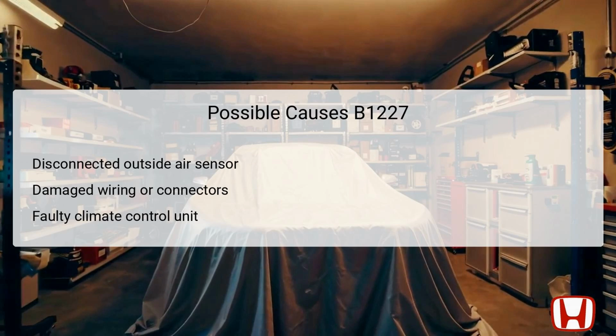Third, if the climate control unit itself is malfunctioning or has an internal failure, it may not properly interpret data from the outside air temperature sensor, thus resulting in the code being set.